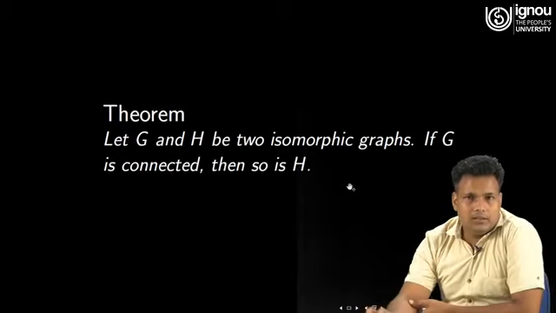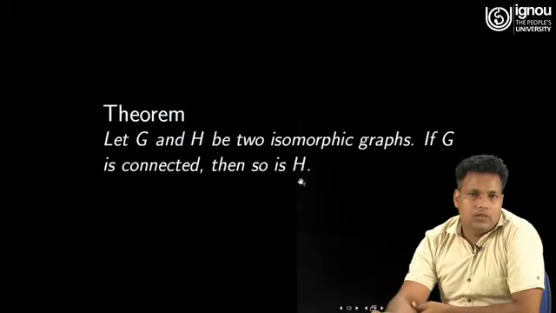We are given that G and H are isomorphic, right? And G is connected. We have to show that H is connected.